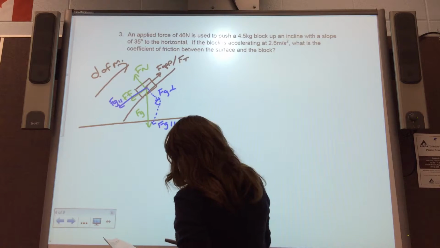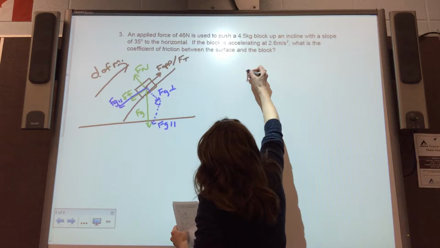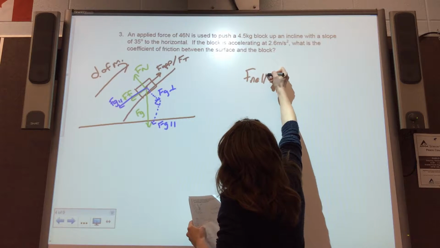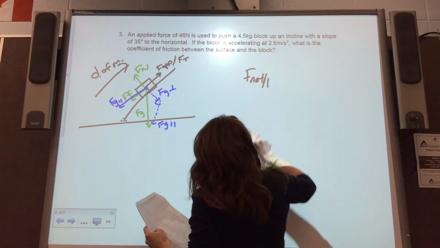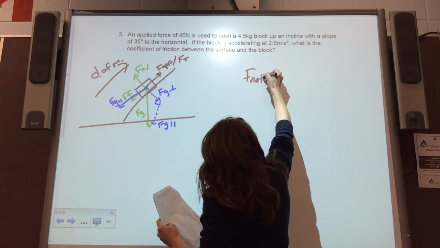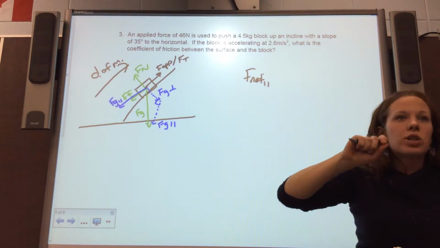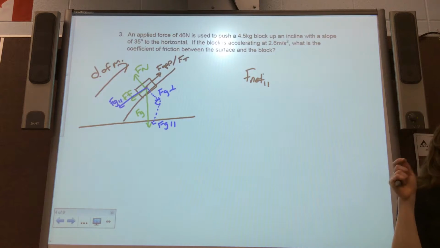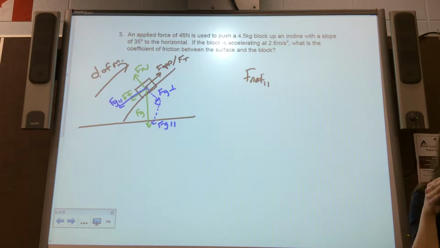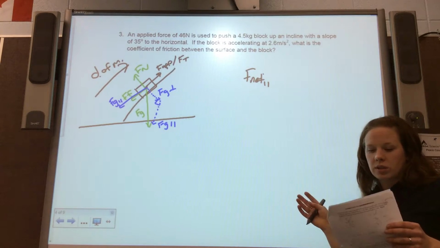So my F net is F net parallel. And please write in actually F net parallel and FG parallel, etc., because else it gets too mixed up. There's too many FGs and F nets going everywhere.